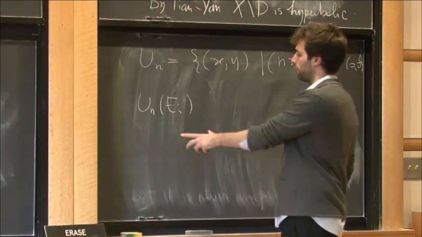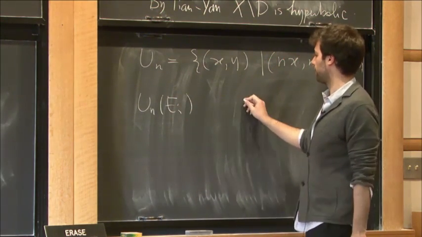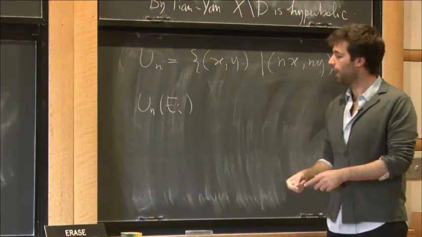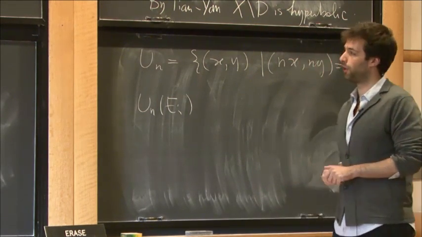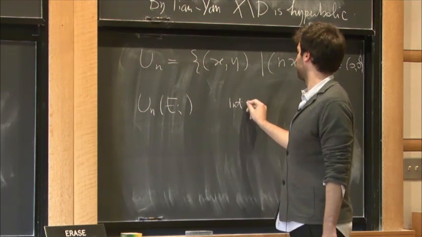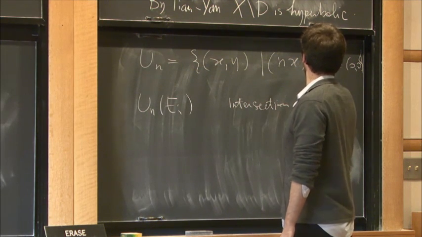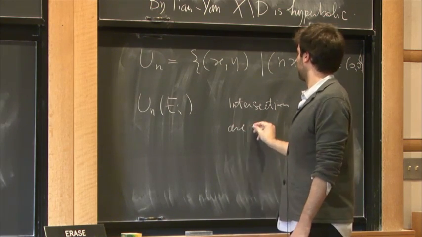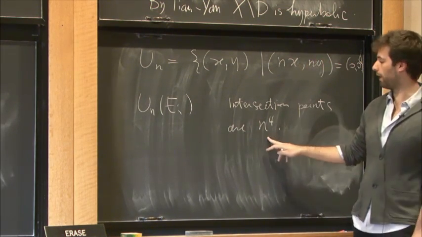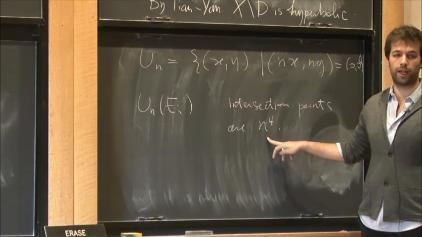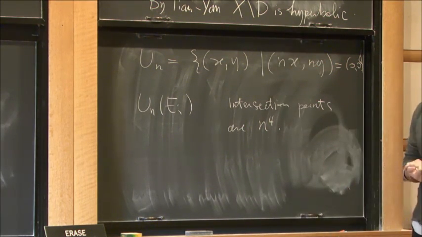I get this configuration of about 4n squared curves, and they're going to intersect at n to the 4th points. And so basically you have to blow up n to the 4th points on Y, and you do the same computation, you get again a toroidal compactification.